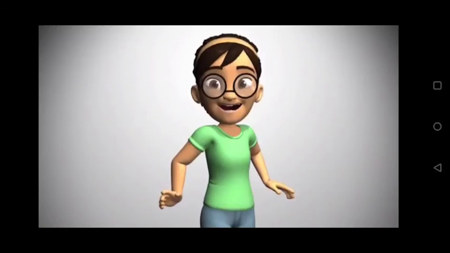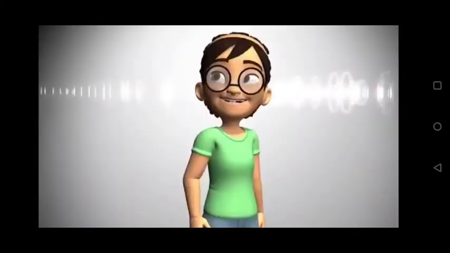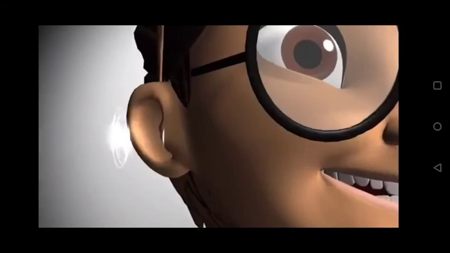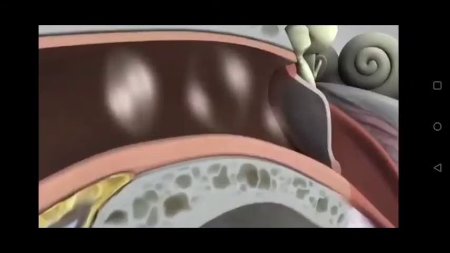Have you ever wondered how sound is taken to the brain? Take a musical instrument and play it. It makes sound waves into the ear. The part that we are able to see is called the outer ear. The outer ear catches the waves and then passes them through the narrow passageway called the ear canal.